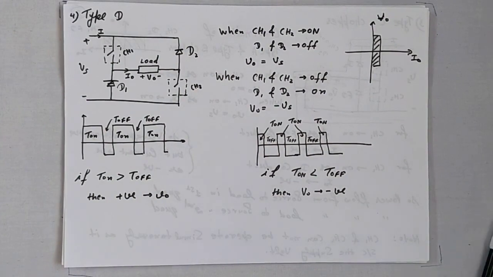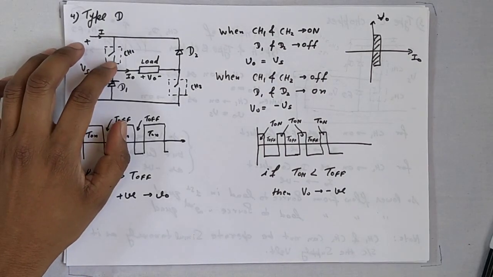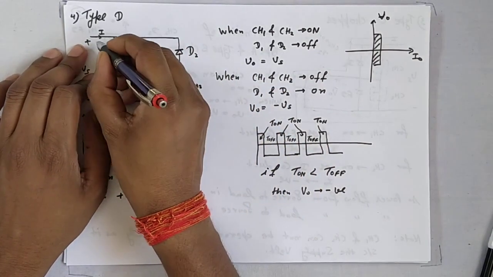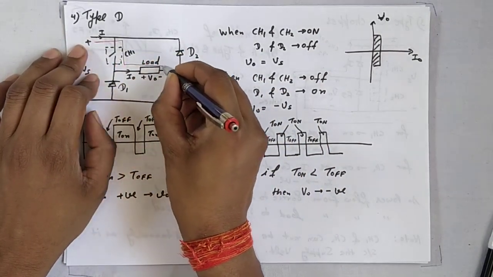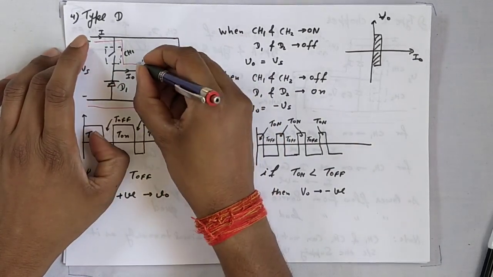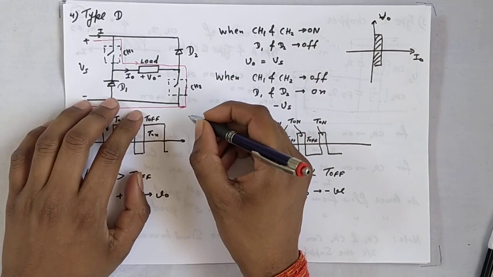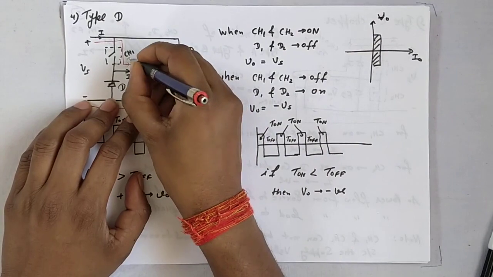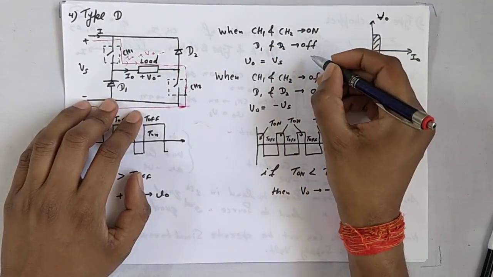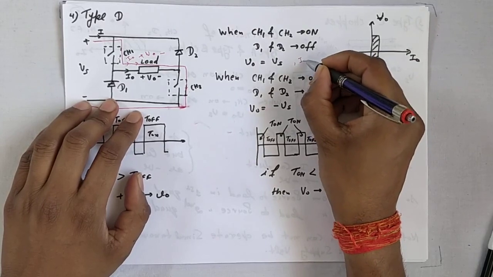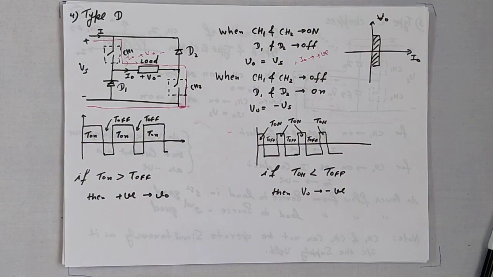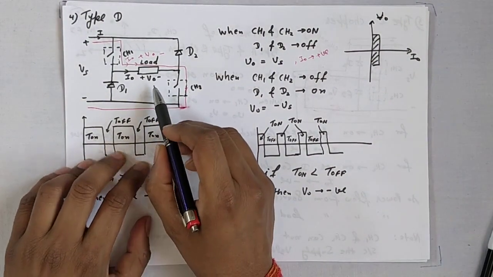When CH1 and CH2 are on, then current will flow from here to here to here, like this. So you can say that the V0 polarity is plus minus like this, and current is this. V0 equals Vs and I0 is positive.